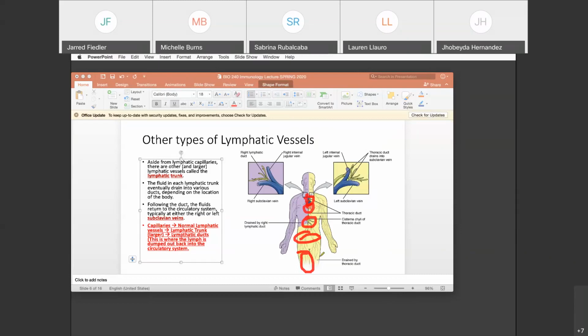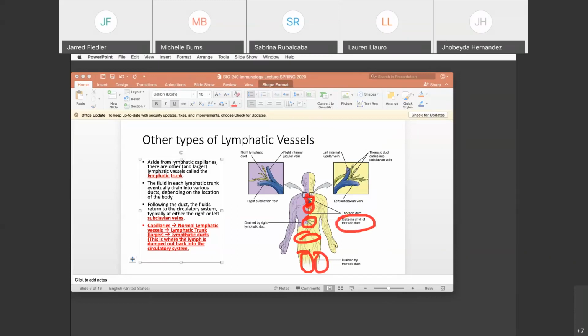So all the fluid in your two legs up until your abdominal area, all of that fluid collected by the lymphatic system is going to be deposited back into the circulatory system via the cisterna chyli of the thoracic duct. It all goes back up there.